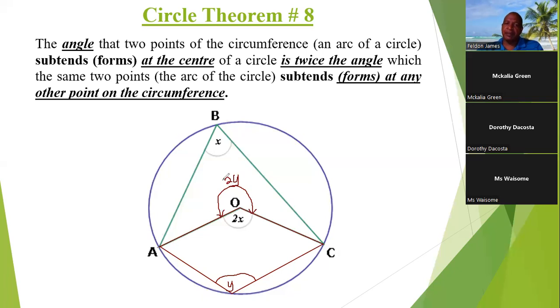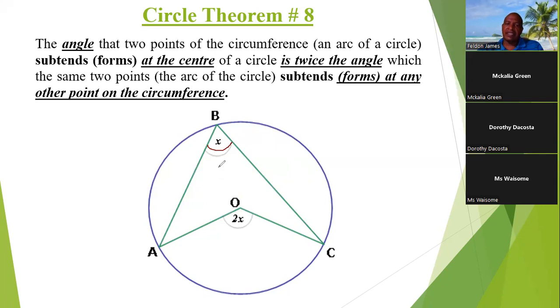Let us apply the same principle to the one within the green line. All right, so let me clear this. Now, this green line shape, you see the green line shape? Yes, sir. Right, the one that is on the circumference forms inside the shape. So the X angle inside the shape here is the one that forms at the circumference.